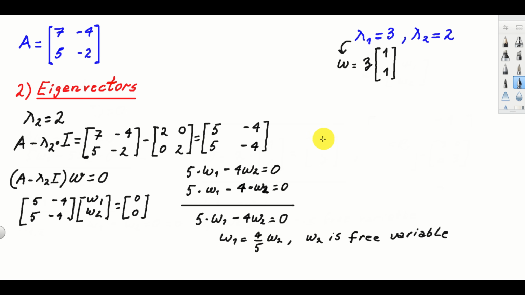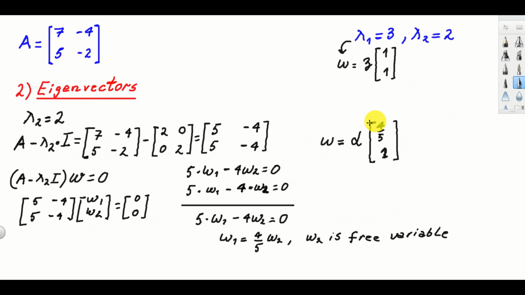And this is our eigenvector. Consequently, the eigenvector can be parameterized like this. Over here, I will use alpha, and alpha will play the role of w2, that is, of our free variable, and we will have 1 over here, that is, the last entry is 1, and the first entry is simply 4 over 5.